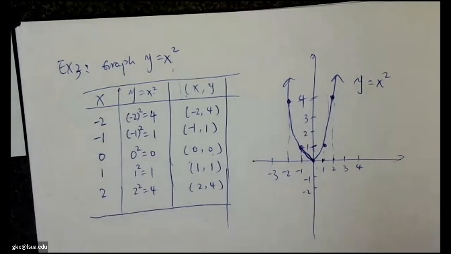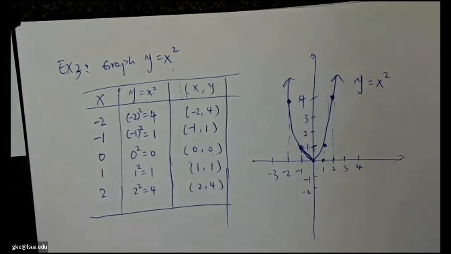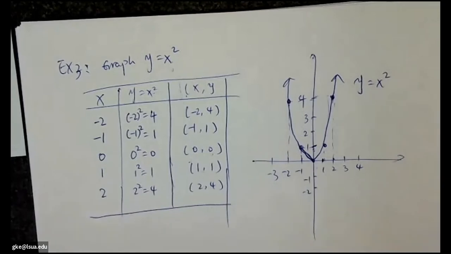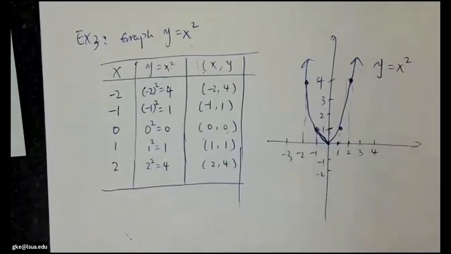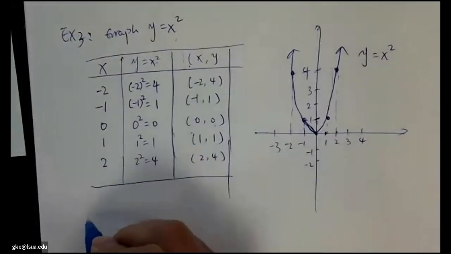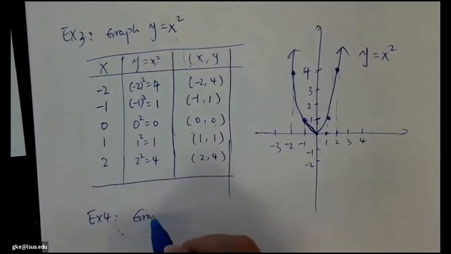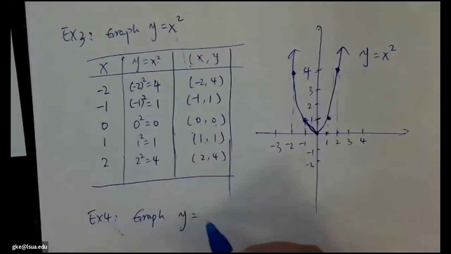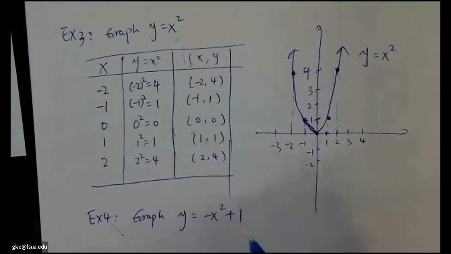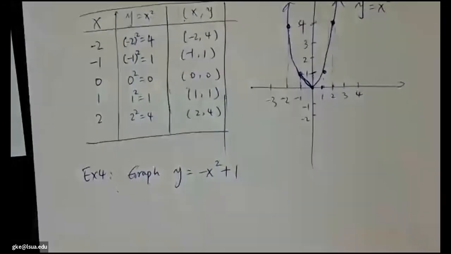Now you just need 5 points. Okay, 5 points help you guys to draw the pictures. Now I'm gonna give you guys an example. Let you guys try it. Okay, draw this picture for me.